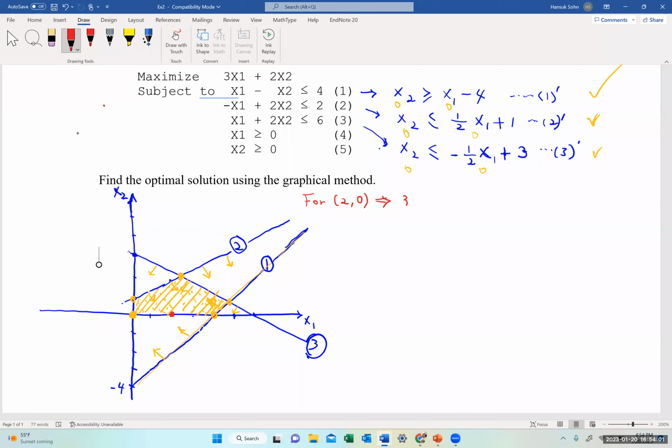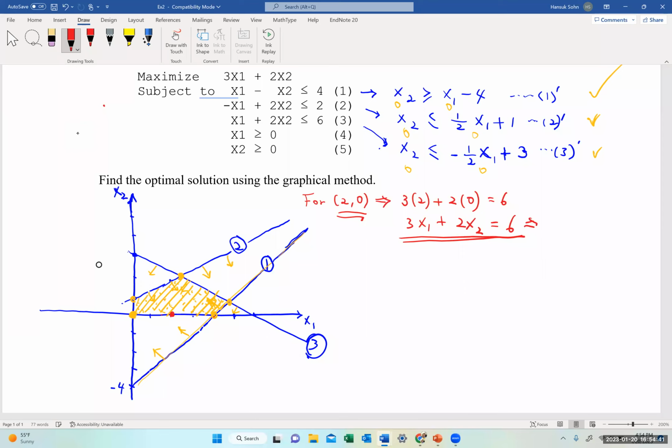Our objective function is 3 times x1 plus 2 times x2, right? So that's going to be 6, which means that this point (2, 0) lies on the isovalue line 3x1 plus 2x2 equals 6, okay?